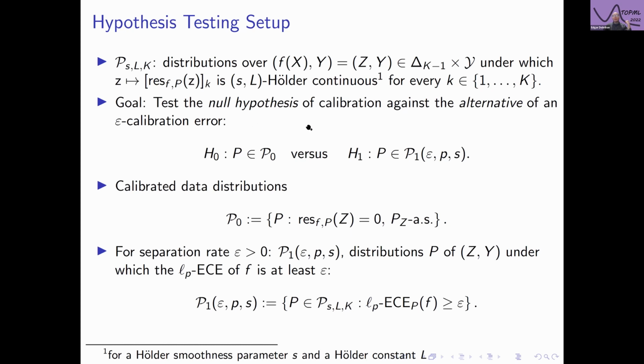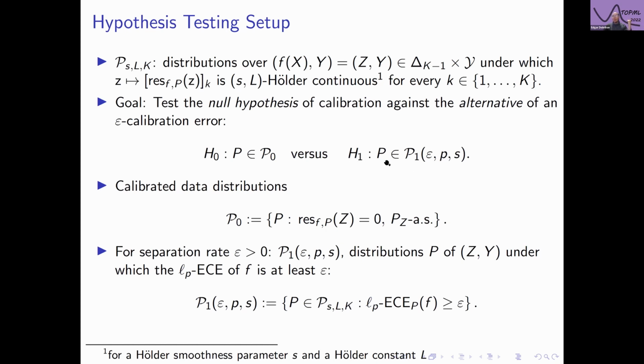So with this, we will set a null hypothesis of calibration against an alternative of at least an epsilon calibration error. So the true distribution of the data belongs to P0. P0 is when the residual function is 0 almost surely, so the L^p ECE is 0, and the classifier f is calibrated.